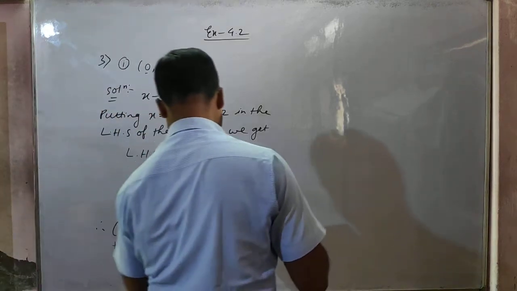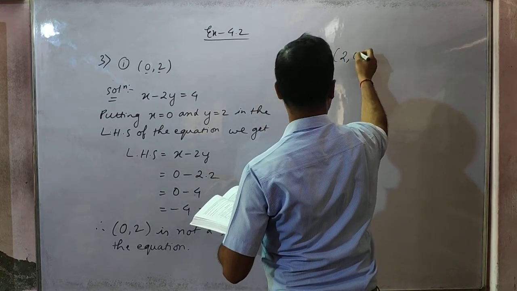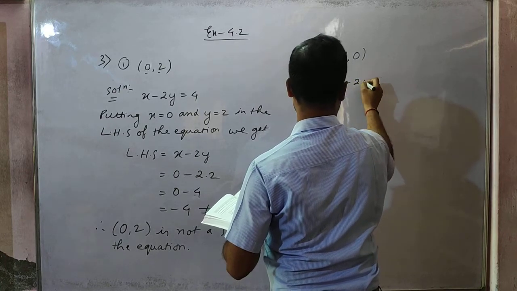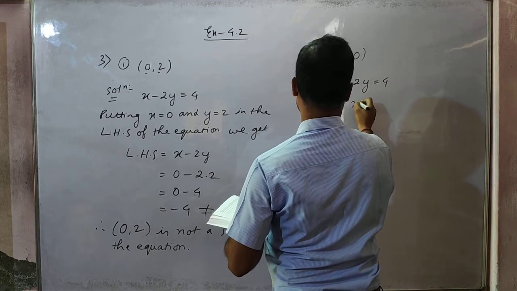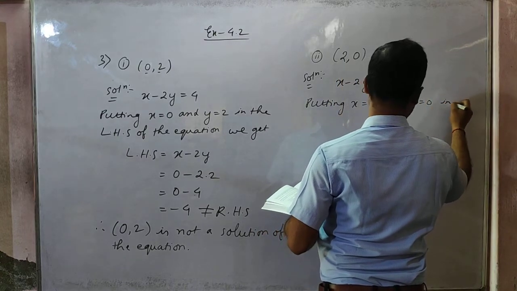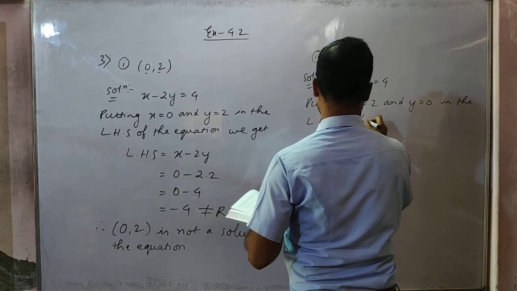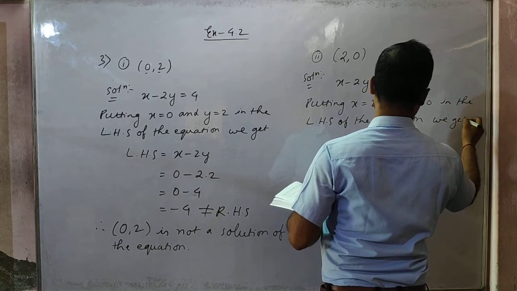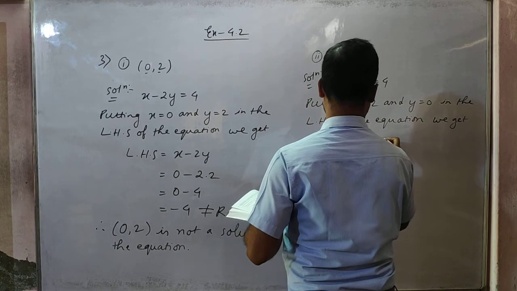Okay, one more, let's check. Number 2, 0. x minus 2y is equal to 4. Putting x is equal to 2 and y is equal to 0 in the left hand side of the equation, we get left hand side is equal to x minus 2y.